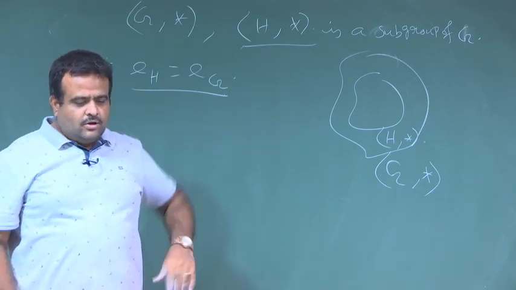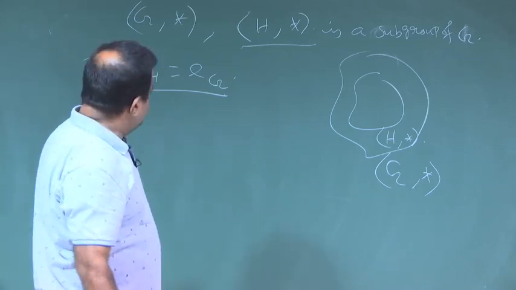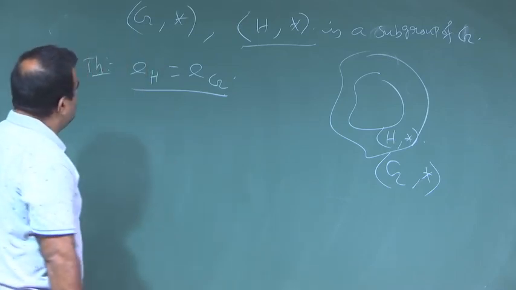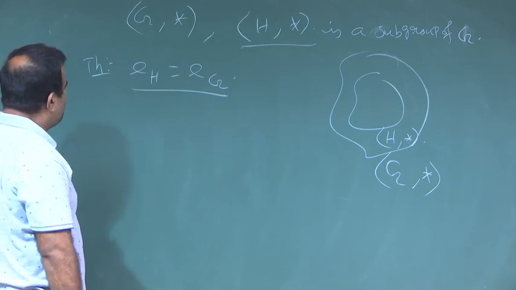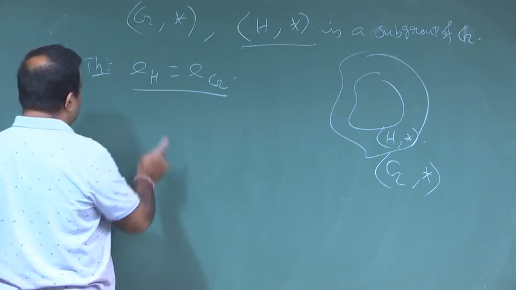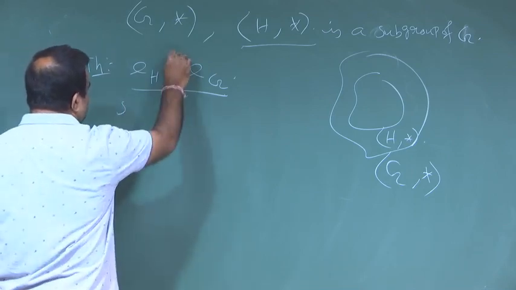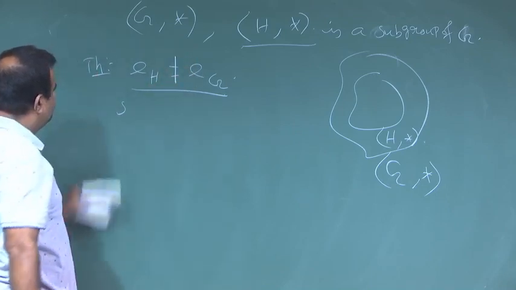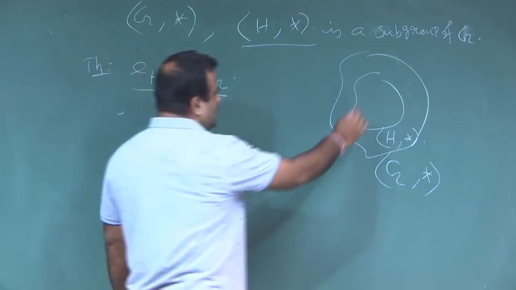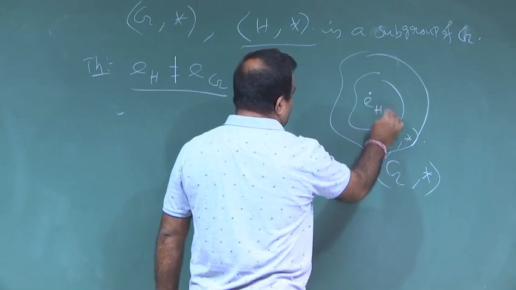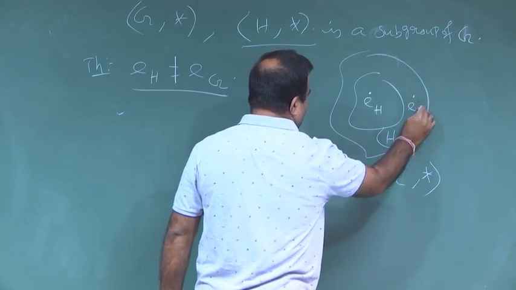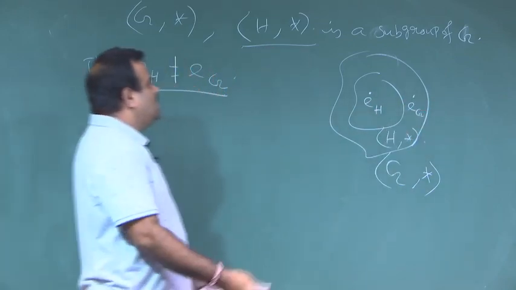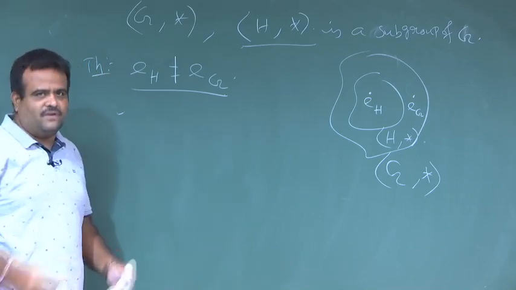Okay. So, how to prove this? Suppose they are not the same, they are different. So, we have an identity element E g here and we have a different identity element E h, which is maybe in H, but they are different.